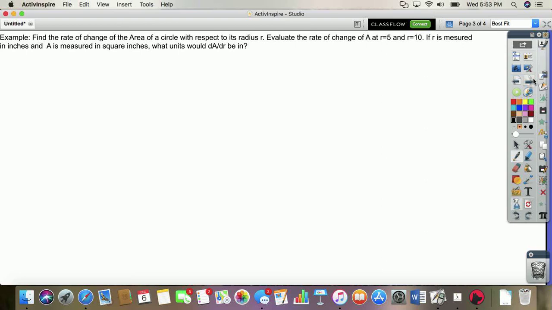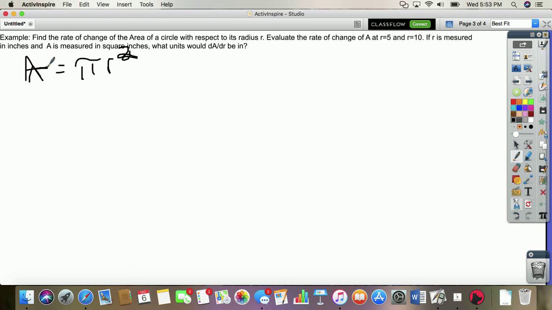First and foremost, we have to find the rate of change of the area A of a circle. Well, what is our position function here? You have to know the area of a circle to find that function. The area of a circle, we know, is pi r squared, right? Now we use this to solve the first part of this problem, find the rate of change.